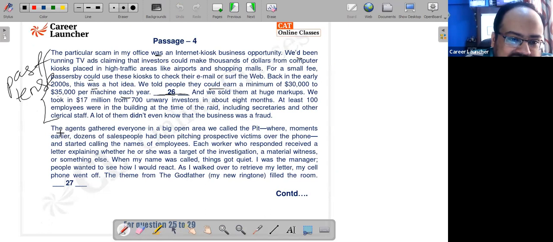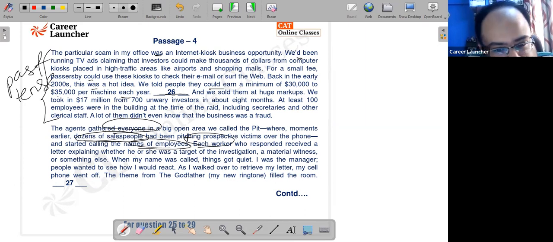The first one says the agents gathered everyone in a big open area. It's talking about dozens of salespersons, and started calling the names of the employees. It talks about each worker. So essentially, this paragraph is about the people who were mentioned, who were present in that place. Yes, it talks about a ringtone from The Godfather. Yes, it talks about that.